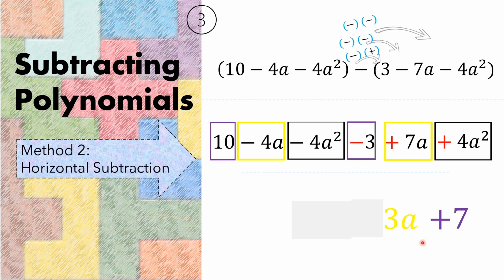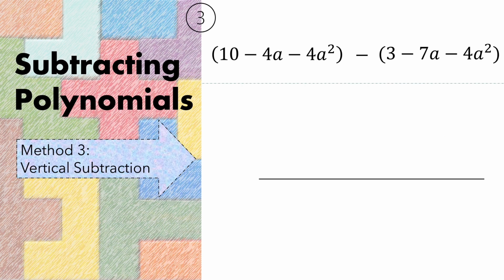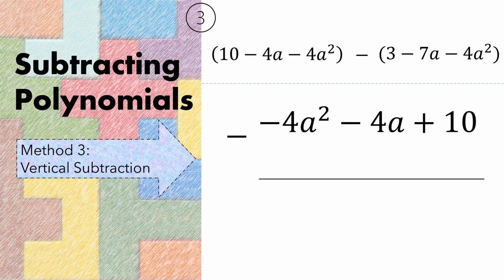Another method, the last method, number 3, which is vertical or column subtraction. First is copy the minuend in descending order, and then the operation sign minus, then arrange the subtrahend by aligning each term that are like.